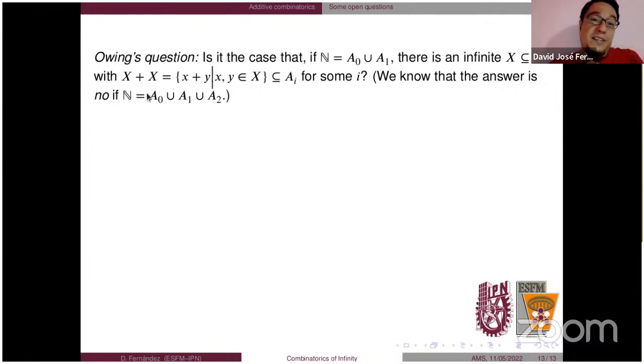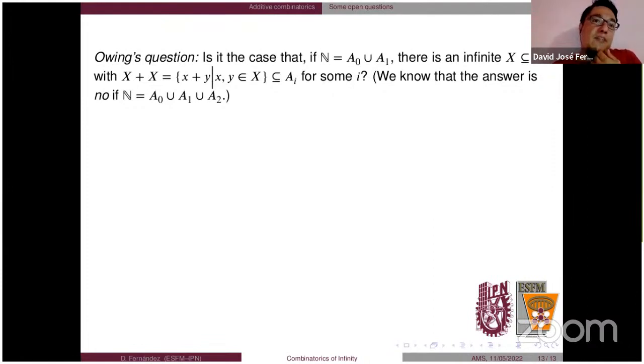And he shows that you can partition the natural numbers into three pieces in such a way that no infinite set of this form can possibly be contained within one piece. So it's a Ramsey theoretic result that we know is false for three colors, but it's been open for a really long time whether this holds for two colors. And so I consider this to be a very interesting problem.